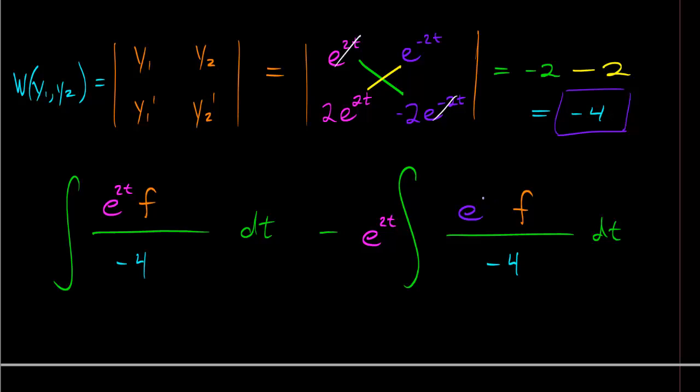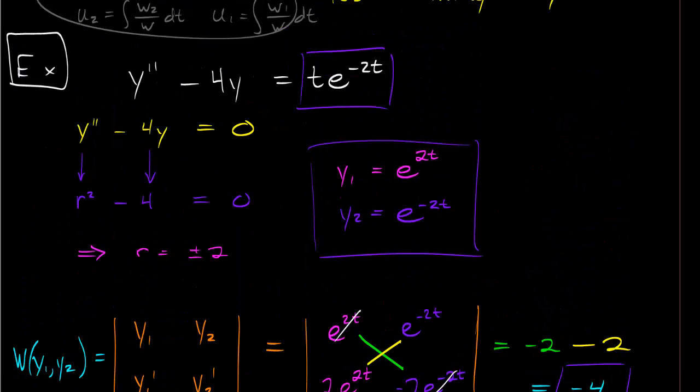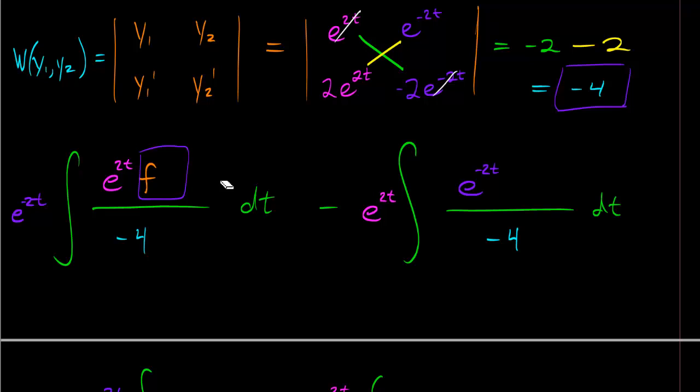We get e to the negative 2t here, and an e to the negative 2t here. Finally, last thing to replace, f and f. And if we look above, we've also got that. That's t e to the negative 2t. So let's write that out. That's t e to the negative 2t.